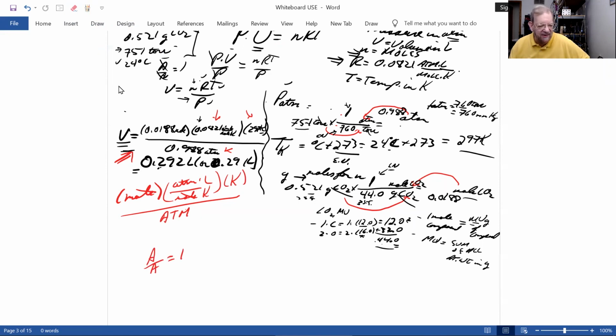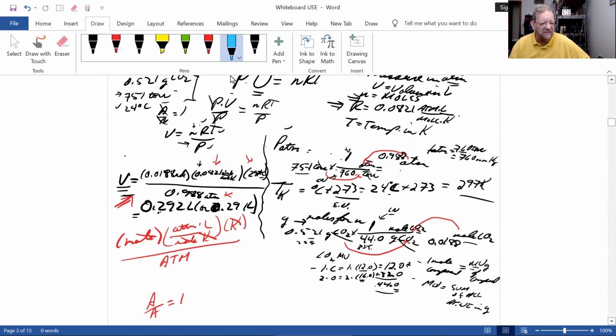And then on top here, we have Kelvin divided by Kelvin. So this whole area here, I'm going to go multicolor on you, is gone. This is gone, and this is gone. All we have left is atmospheres liter, and that's divided by atmospheres. So this cancels out, and all we're left with on top is liters, which is what our final answer is, either 0.292 or 0.291. And that's how you do it. I just wanted to go over that one more time.